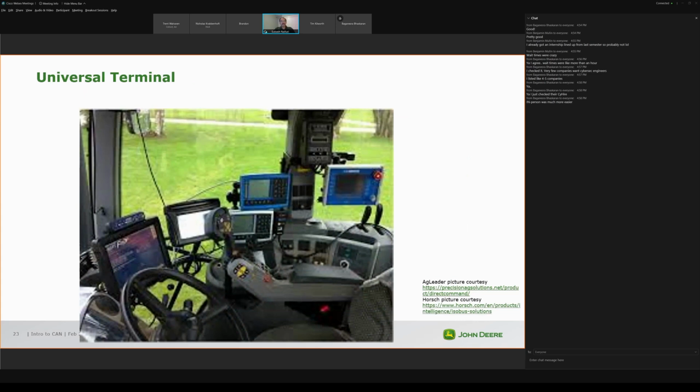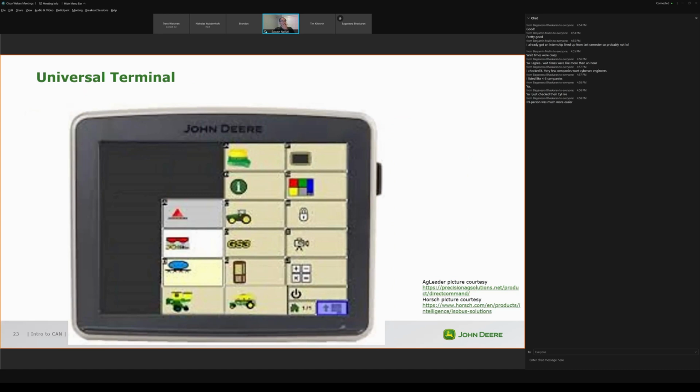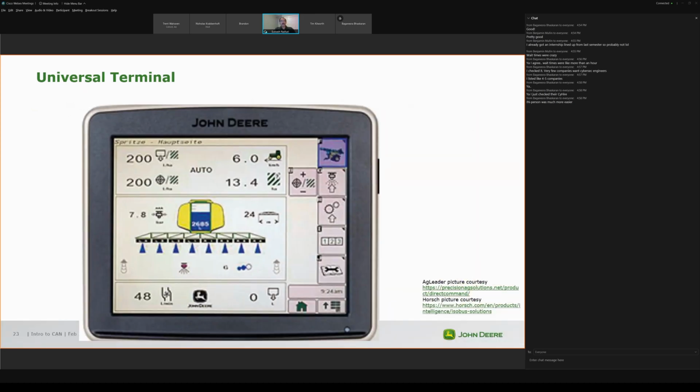Once you're certified, if you put a certified terminal in here, like this John Deere terminal, you can see that each application has a tile by itself, and the equipment has its own tiles, and when you click on one, you get its own application.